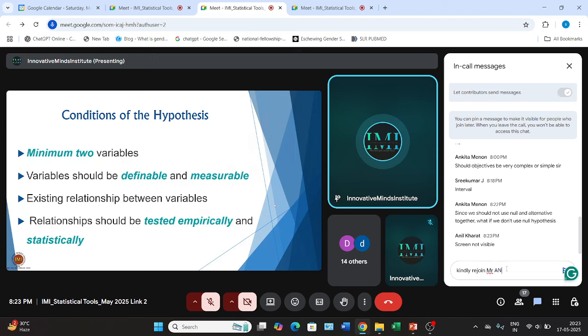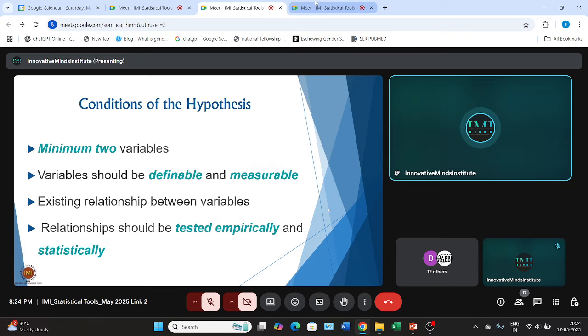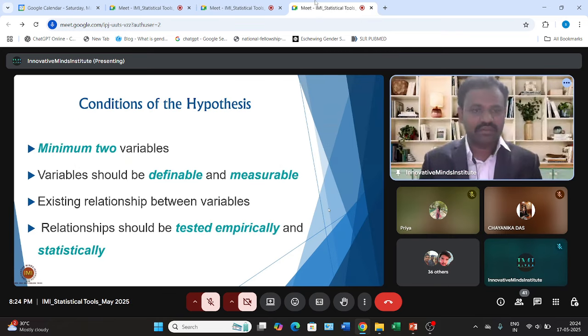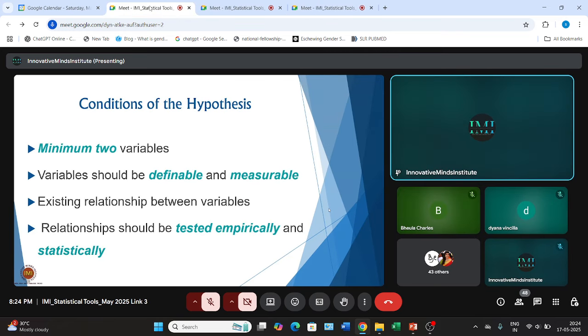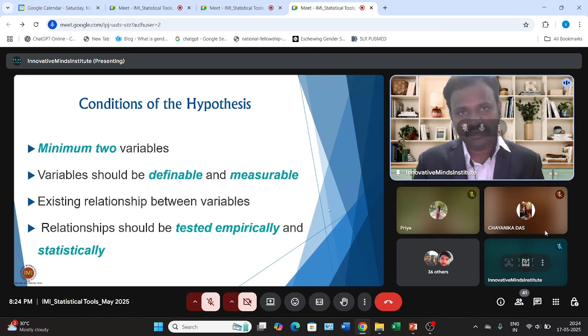Variables should be definable and measurable. Why are these terms coming like this? If it is categorical, it's definable. If it is numerical, then it's measurable. So your hypothesis can contain any kind of variable, right? And there should be an existing relationship between the variables when you call it a hypothesis.